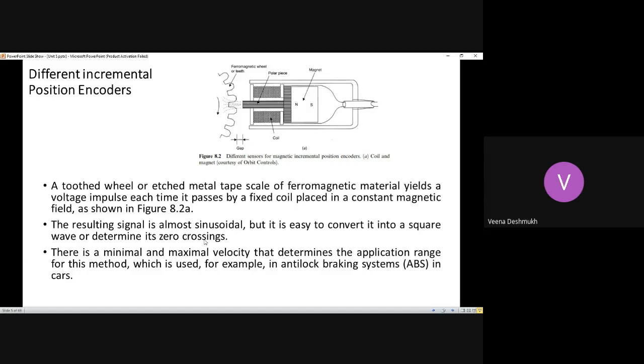There is a minimal and a maximal velocity that determines the application range for this method, which is used, for example, in ABS, the anti-lock braking system, which is widely used in vehicles, where minimum and maximum speed limits are put. This anti-lock braking system is widely used in most higher-end cars and has a lot of advantages with speeds.